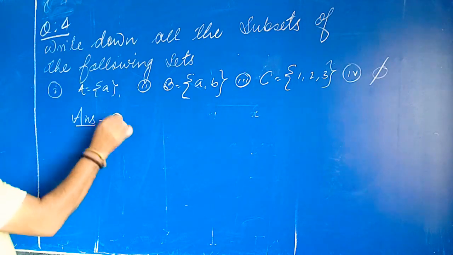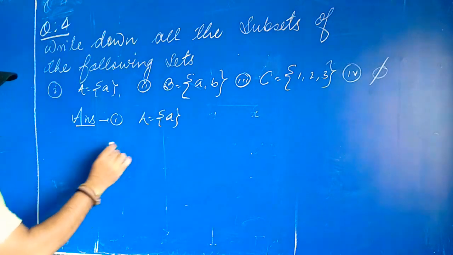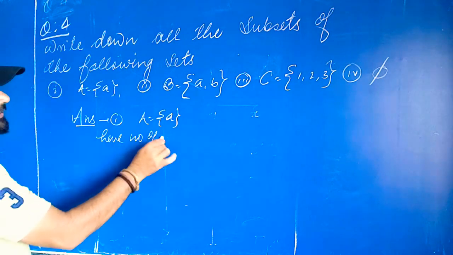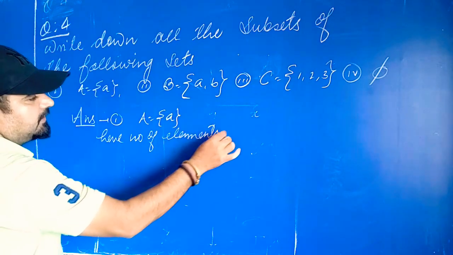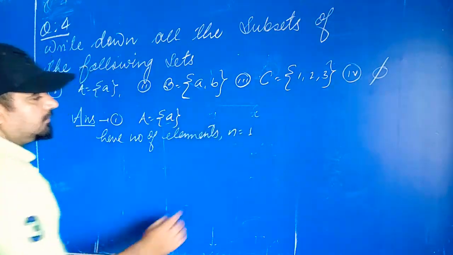Answer to Roman number 1. This is A. Here, number of elements n is equal to how many elements we have here? 1.